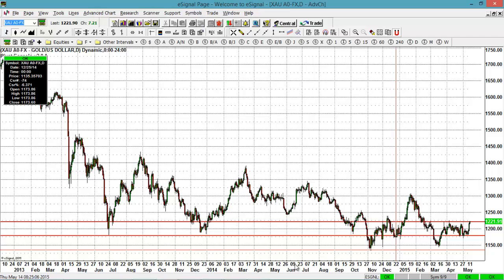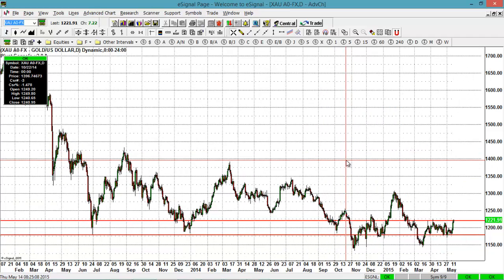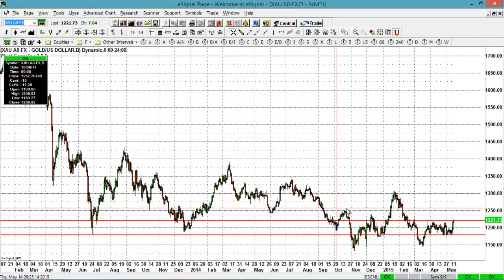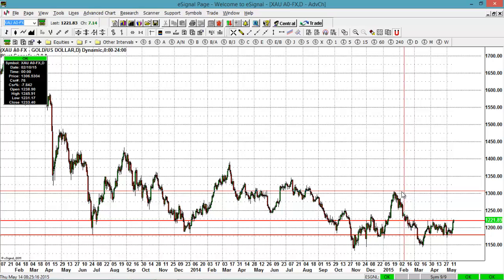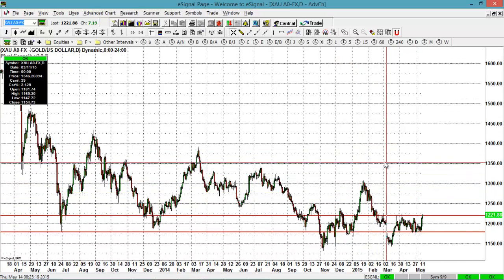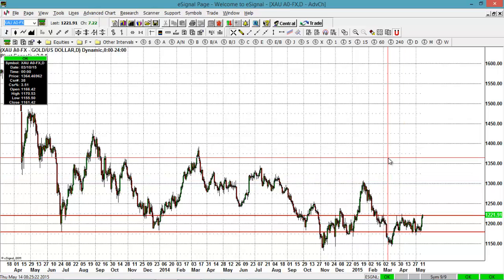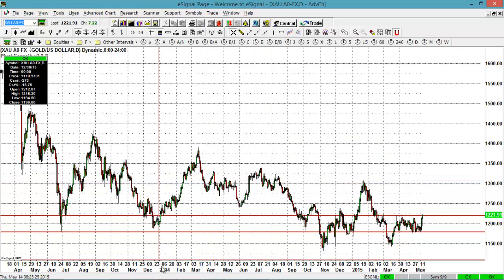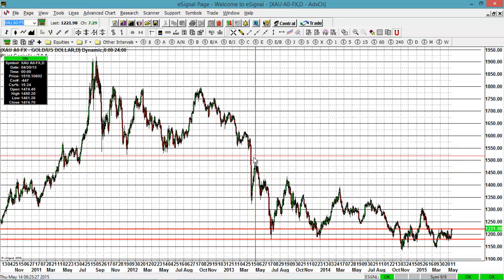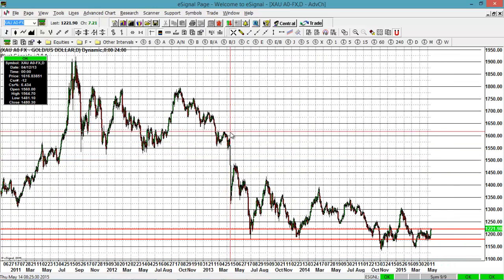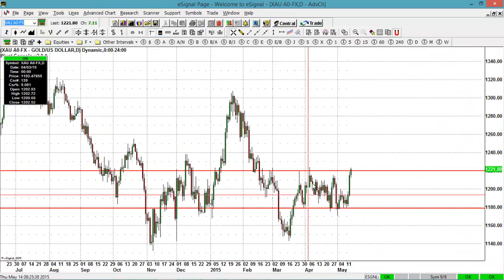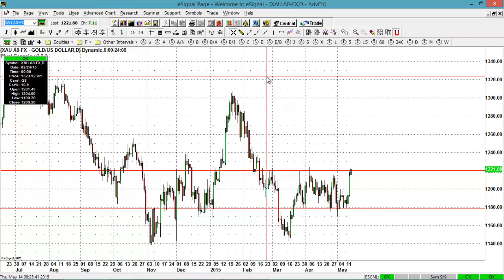As I said yesterday, if we close above 1310 or 20, that would mean that this market could be turning around, and we could see a more bullish environment for gold. I know folks have been calling for gold to rally for some time now. Over the last 4 years, we have been in a downtrend. So is this the turnaround that we have been anticipating? Again, we'll just have to let the market decide and look at what the market is telling us.